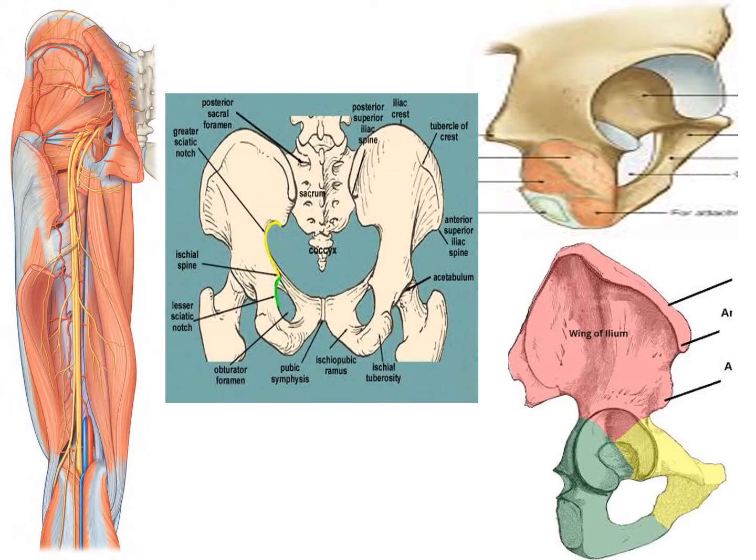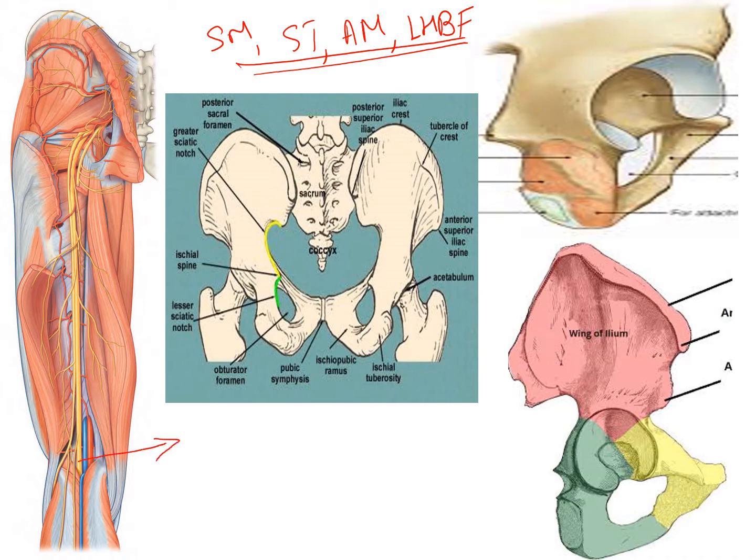Now let us see the rules followed by the hamstring muscles. We already know the names of the hamstring muscles, namely semimembranosus, semitendinosus, ischial part of the adductor magnus, and long head of biceps femoris muscle. Now compulsorily the hamstring muscles should be supplied by the tibial nerve.